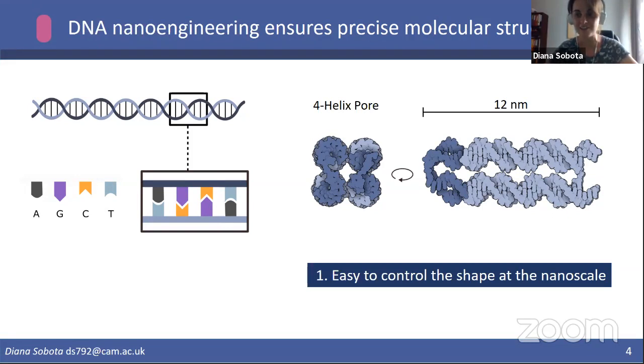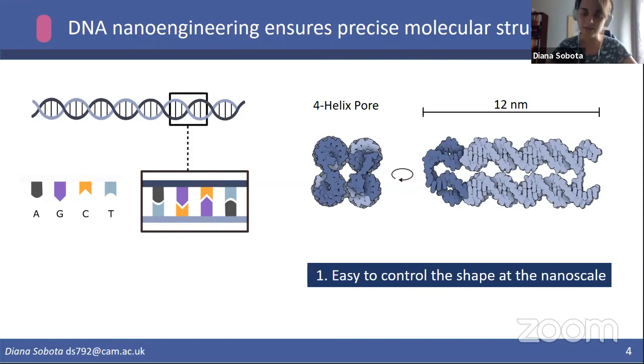This is something that I don't think any other material gives us, except for proteins, but it's really difficult to design them to have the shape that you want. So now we have this design. It's very simple. You see that the dimensions of it are roughly similar to the ones for transmembrane proteins that we will try to mimic.